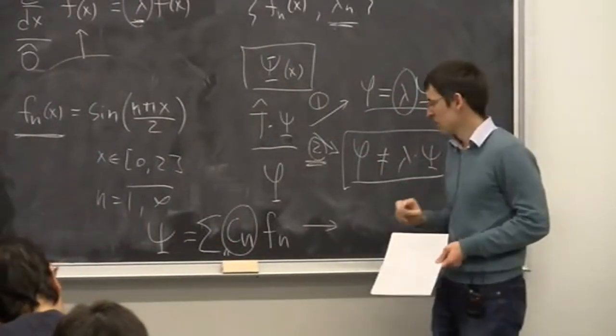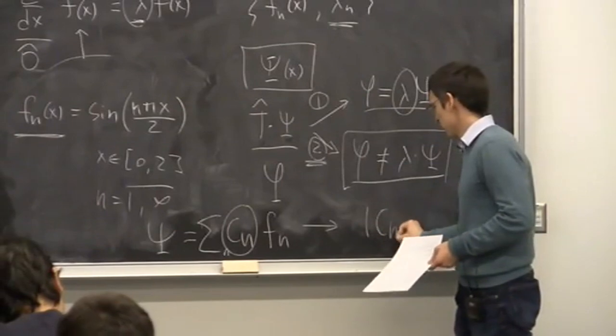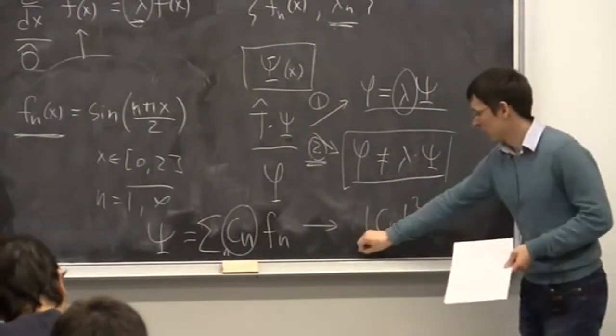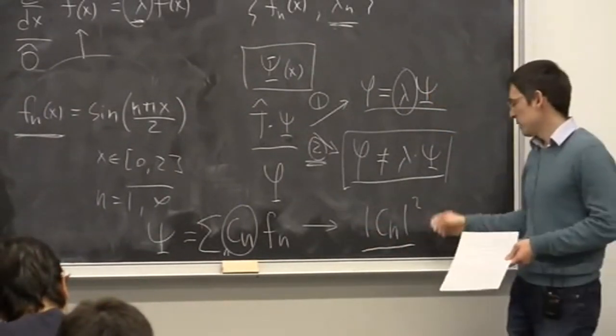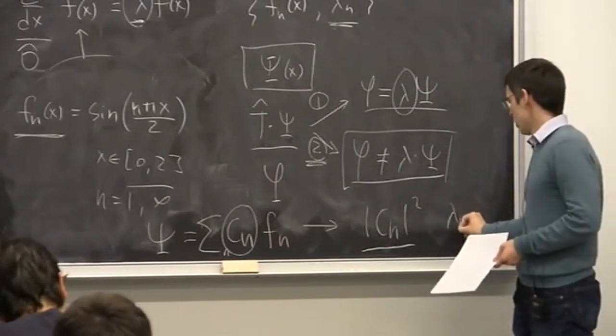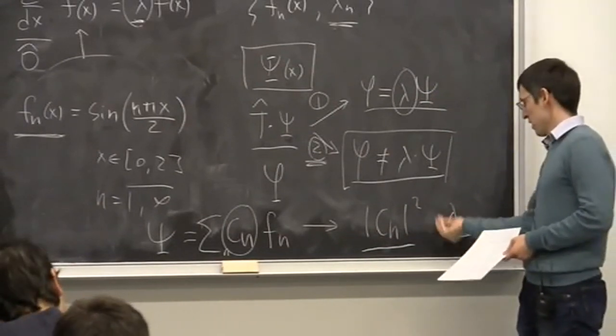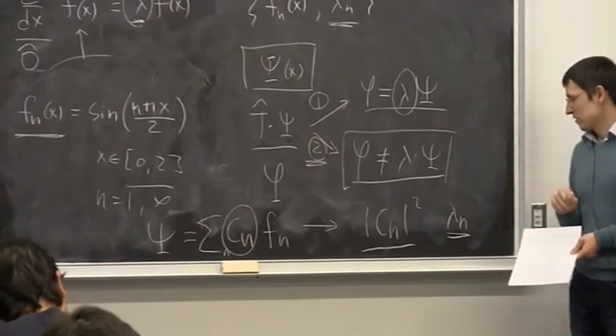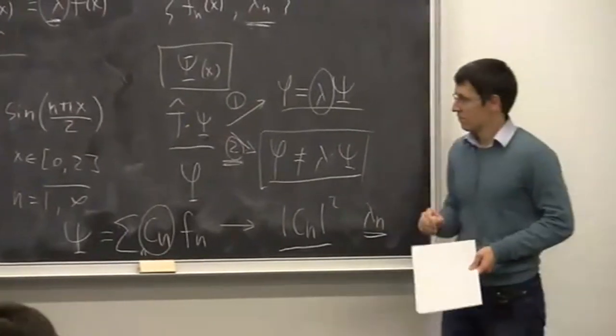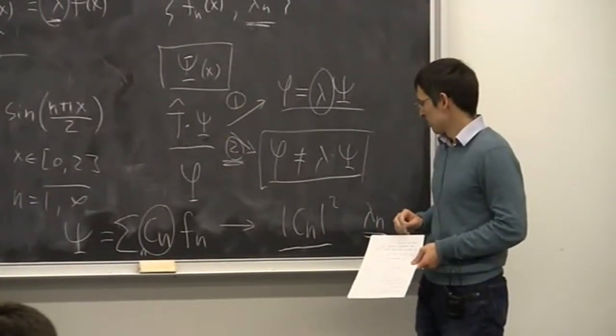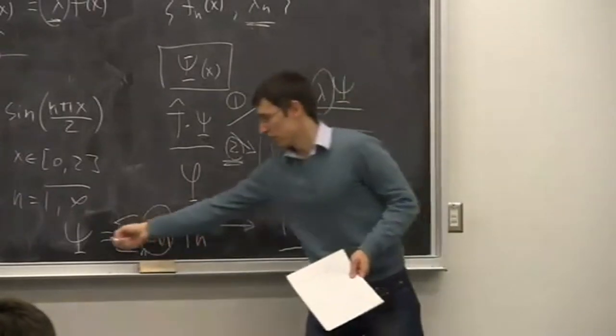And these coefficients, their absolute squares, will define the probability to obtain, as a result of the measurement, eigenvalue lambda n, right, when we measure function psi.